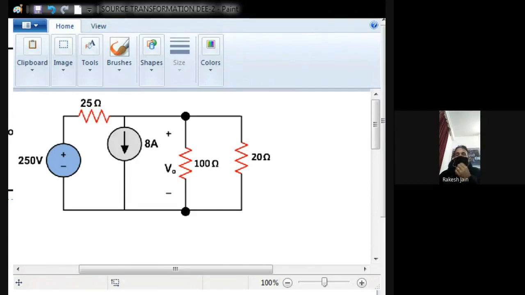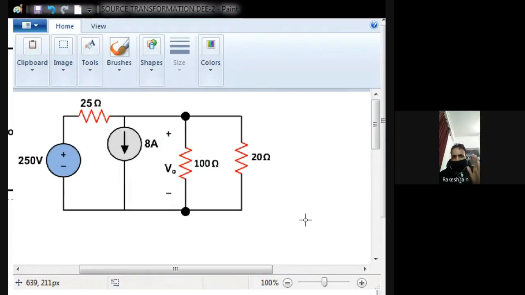Now let's start. We will do two numericals in the same circuit. Let's suppose I want the overall current in the circuit. What is the current in the 20 ohm?